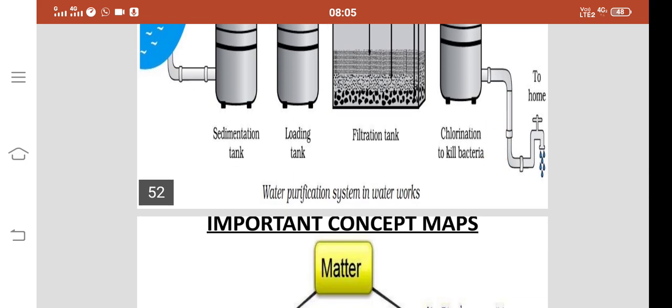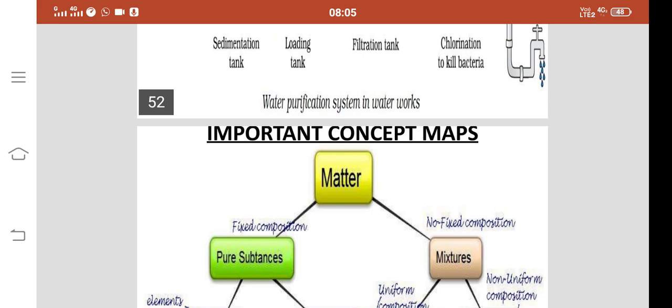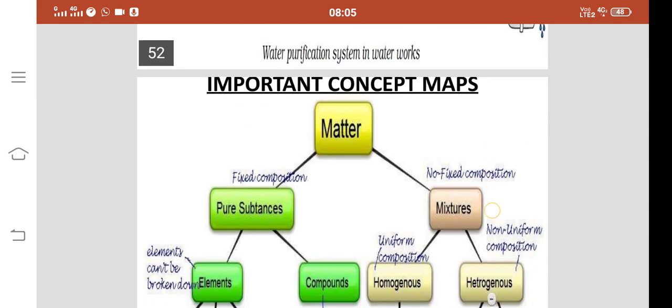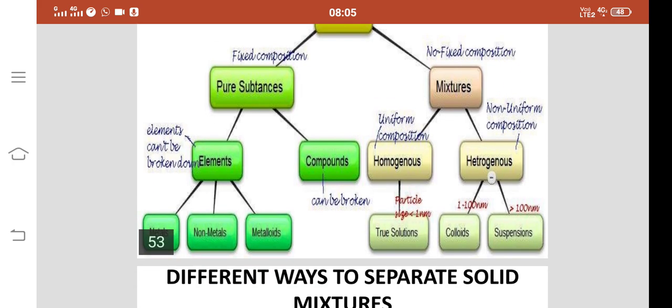Now the important concept maps. You can see matter can be divided into pure substances and mixtures. Then pure substances can be divided into elements and compounds. Then homogeneous and heterogeneous mixtures are there.